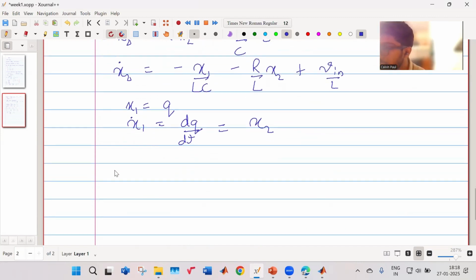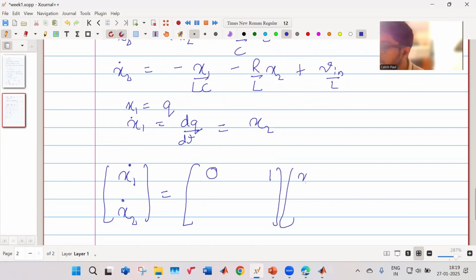So in the state space representation, we write x1 dot, x2 dot, this is equal to 0, 1 into x1, x2. So it is 0 into x1 plus 1 into x2. That is why my x1 dot is equal to x2. Okay.